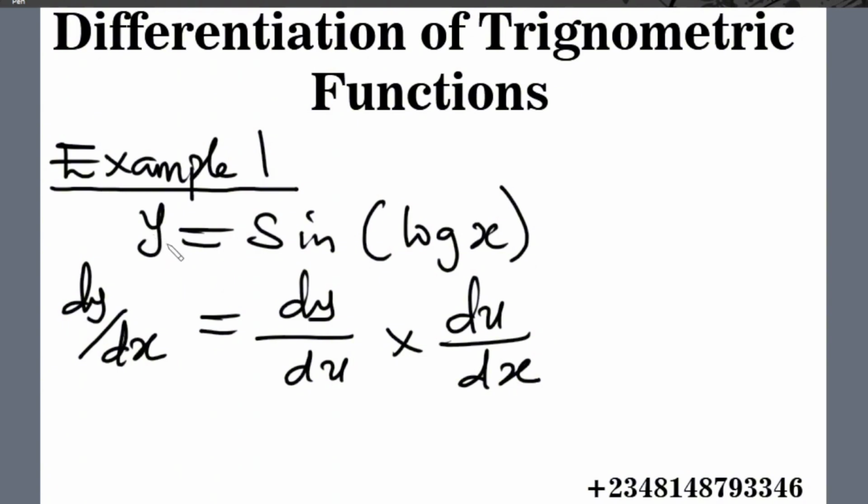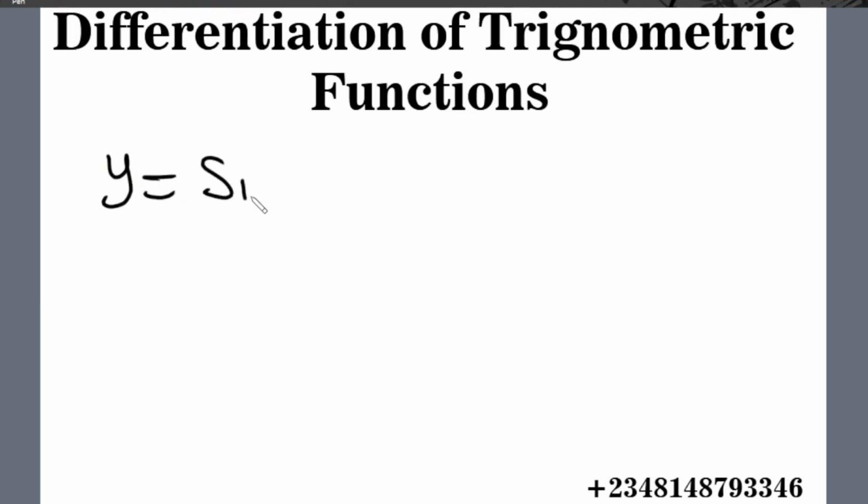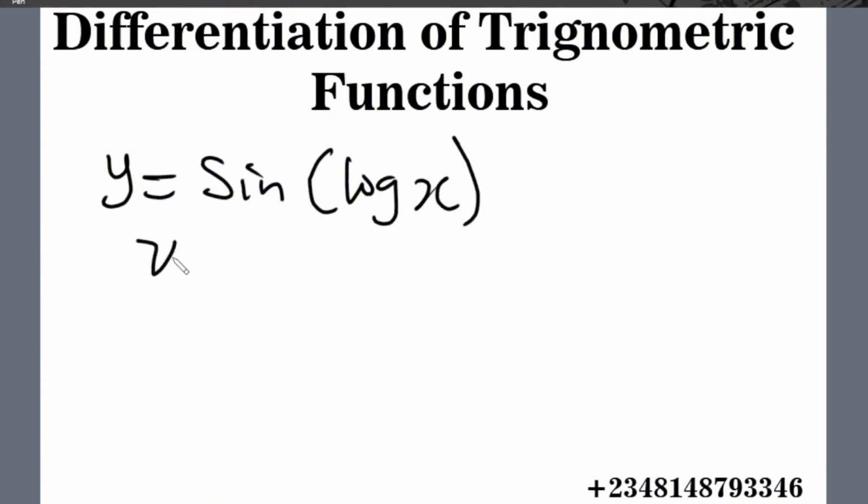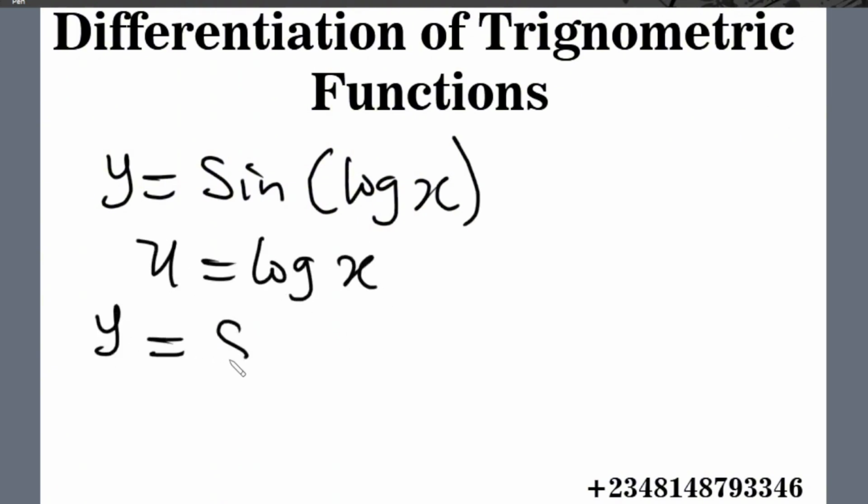What is needed now is u. From the question, u equals log x. Remember, when you are asked to solve any problem using the chain rule, u is what is inside the bracket. Since y equals sine of log x and u equals log x, therefore y equals sine u.